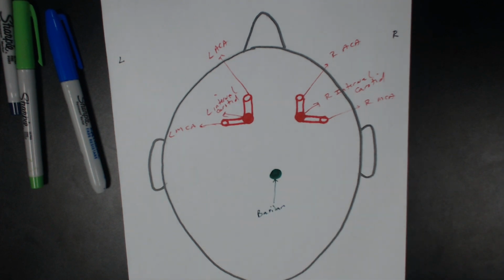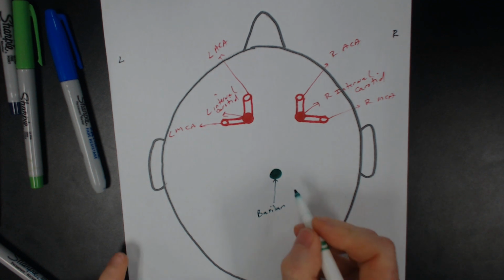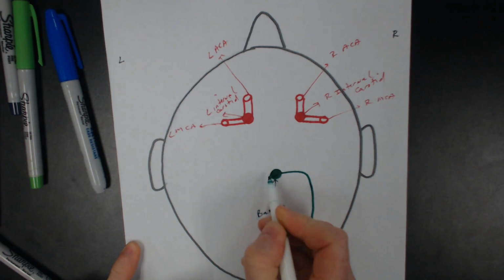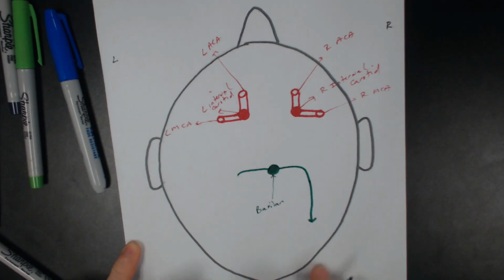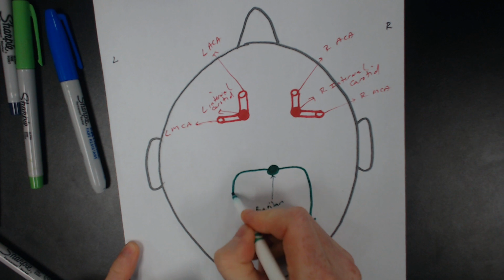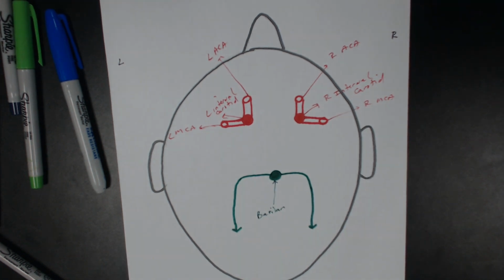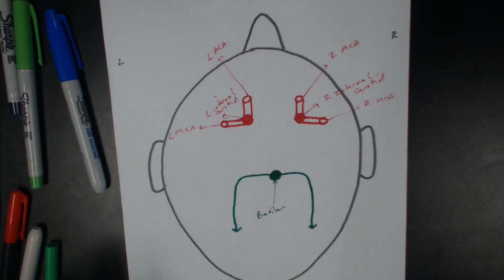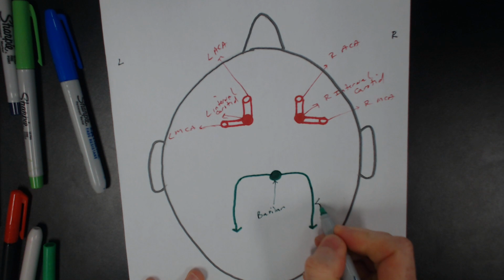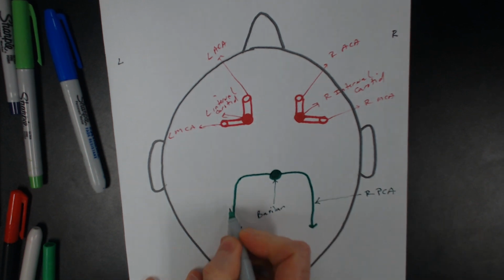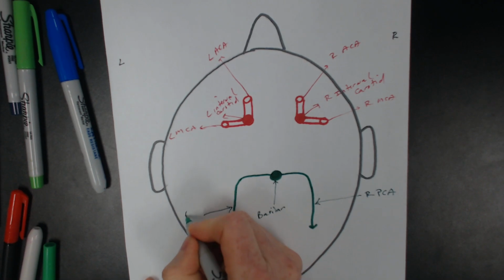Then coming off the basilar artery, just above the level of the third cranial nerve, two shoots are formed to come back here and supply the occipital lobe with blood. Which are those? PCA, good. Posterior cerebral arteries. So this is your right PCA, and this is going to be your left PCA.